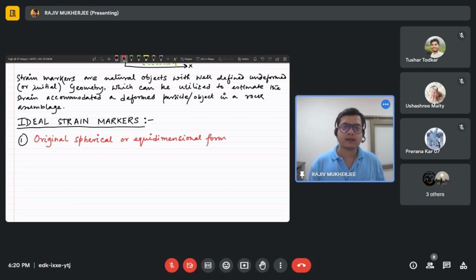So any object with original spherical or equidimensional form means it is euhedral in nature. The shape is euhedral in nature.